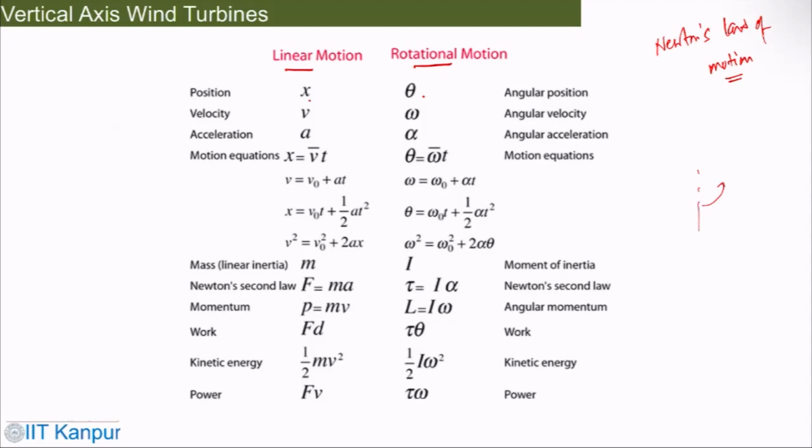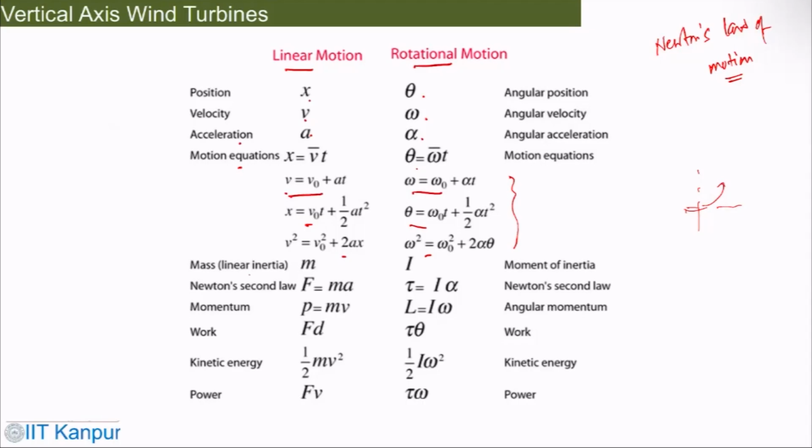With the reference frame, you'll have that theta; velocity v, here the angular velocity omega; acceleration a, angular acceleration alpha; motion x equals vt, here theta equals omega t; then v naught plus at, omega naught plus alpha t. So they go in a similar fashion, which follows exactly the Newton law of motion.